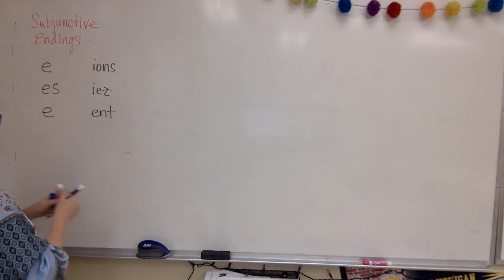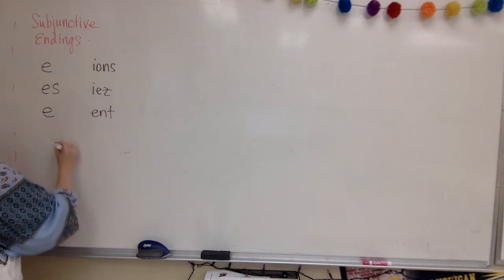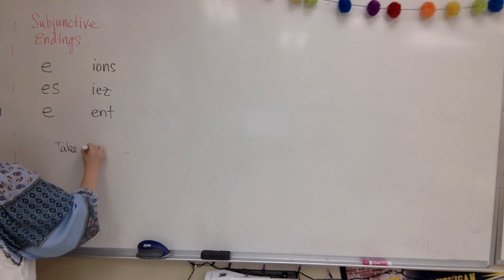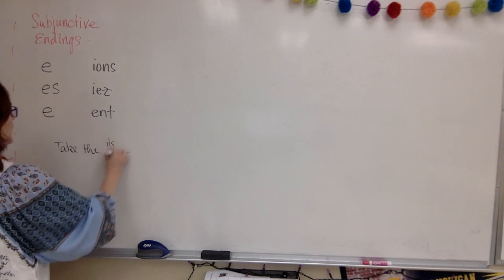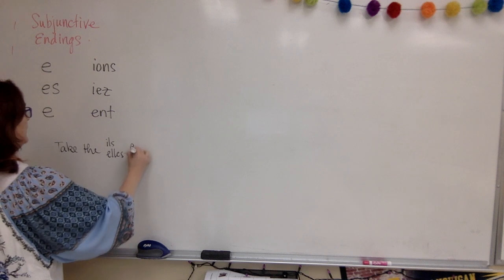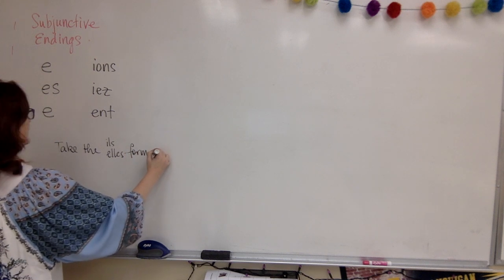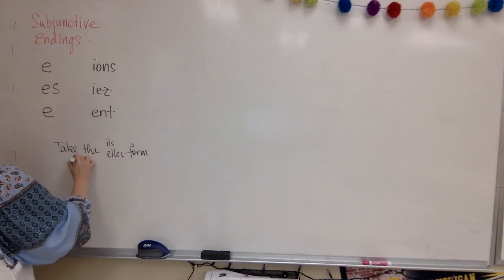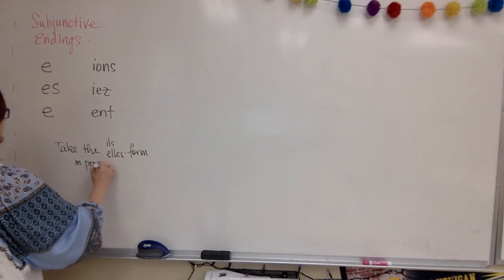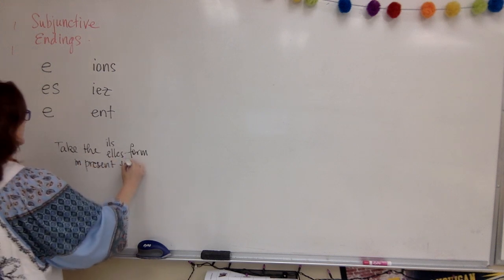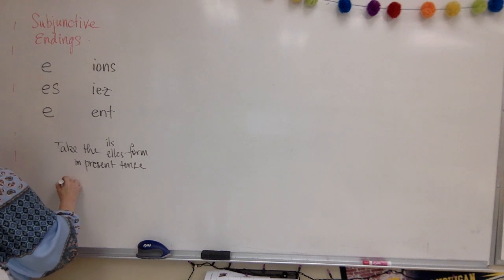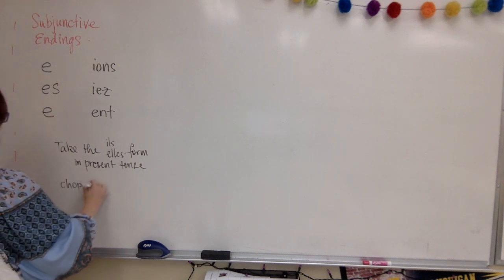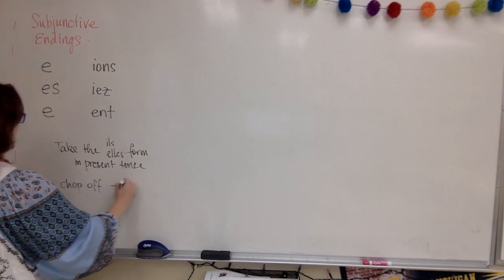So how do we use these? How do you form the subjunctive? You take the il or elle form in the present tense. You chop off the ENT.